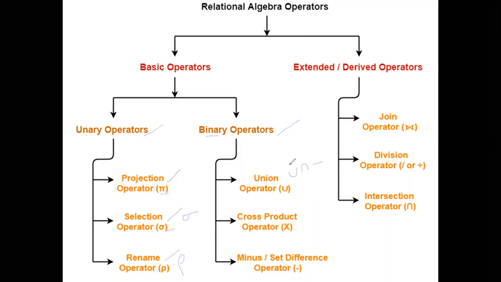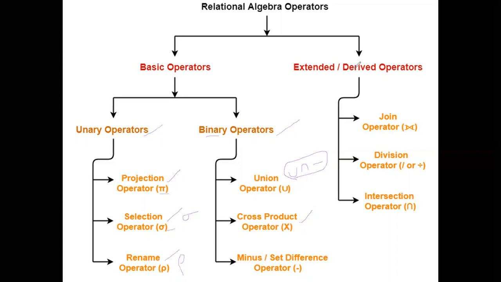So here also we need two relations to perform the union operation on relations. That's why it comes under binary operators. Then we have the cross product. Whenever we want to join two relations without any condition, we use the cross product. Union and minus are the set operations.